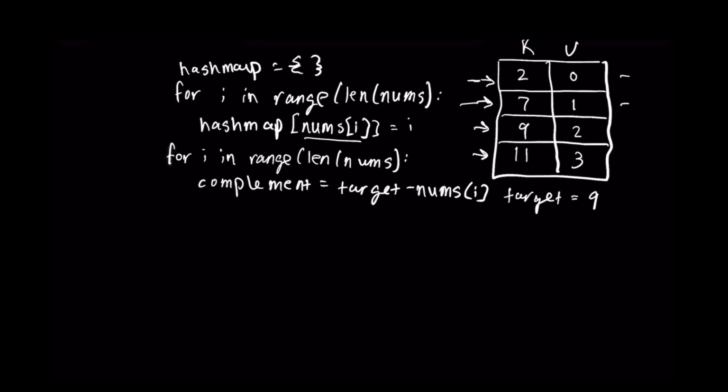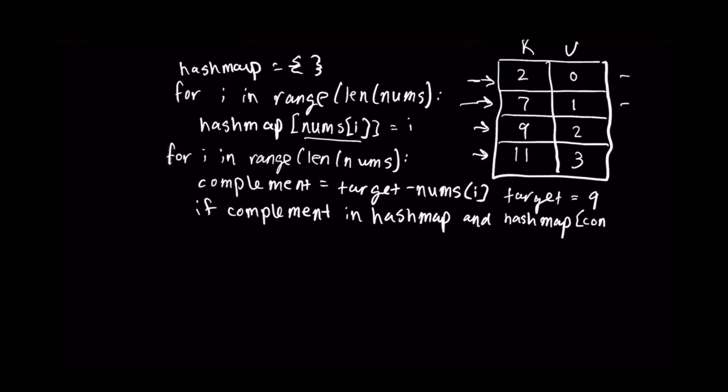And then if our complement is in our hash map, and the hash map complement does not equal i, we want to return i and the hash map complement.